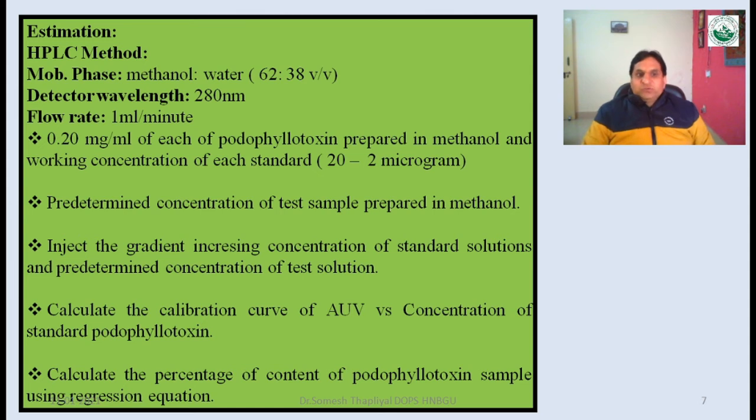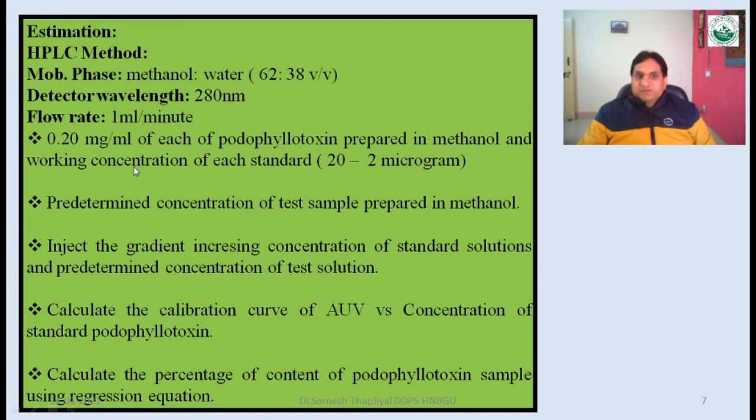So for the preparation of the standard sample, we will take 20 mg per ml of podophyllotoxin standard drug and prepare it with methanol. It means 0.20 mg of podophyllotoxin standard we will dissolve in 1 ml of methanol.